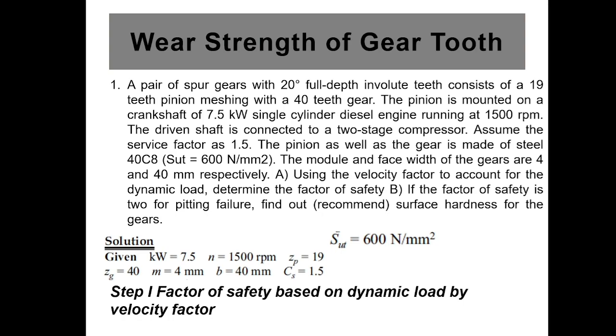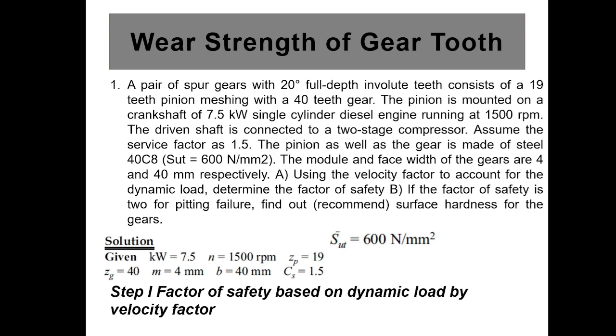Number of teeth on the pinion is 19, and on the gear is 40. Module is 4 mm. Face width is 40 mm, and the service factor, accounting for the velocity factor, is 1.5.